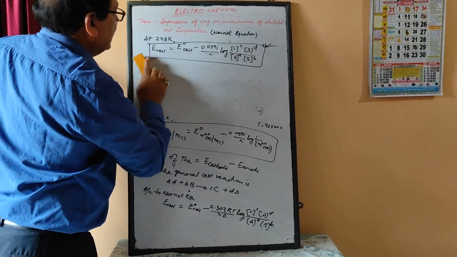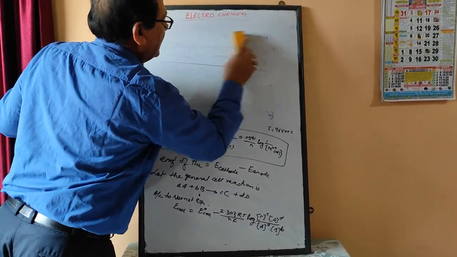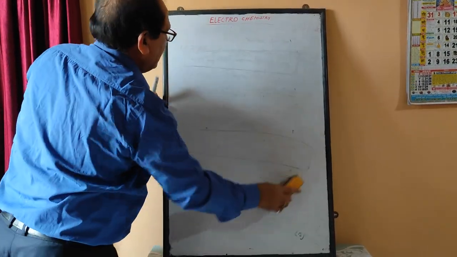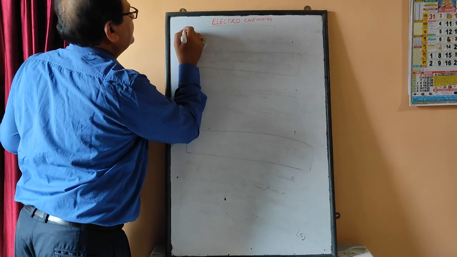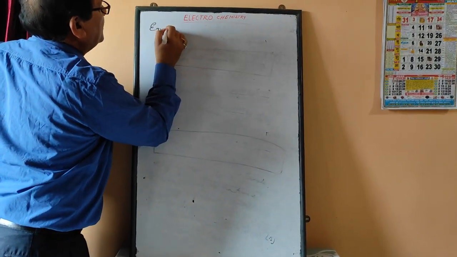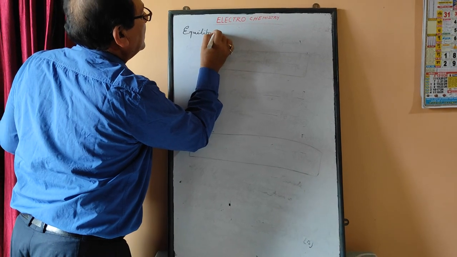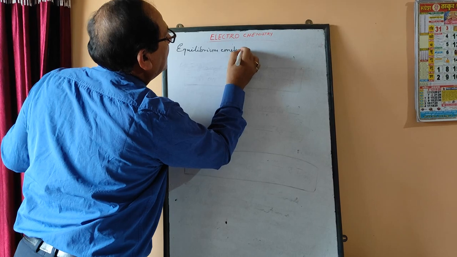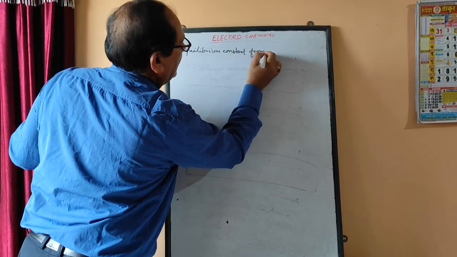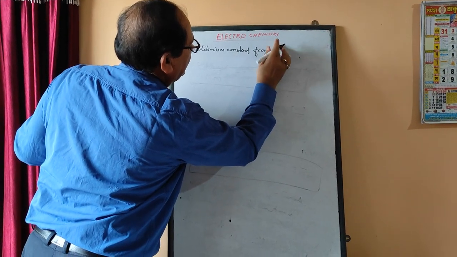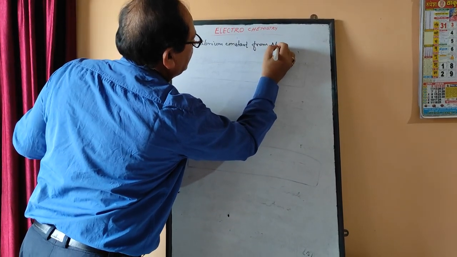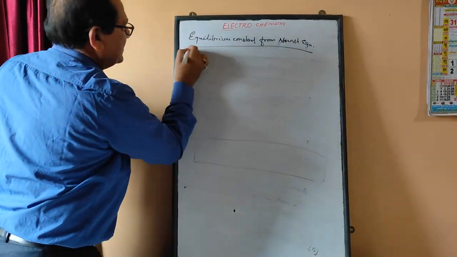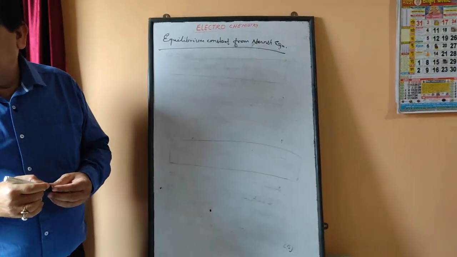The topic is equilibrium constant from the Nernst equation. This is again a very important topic.